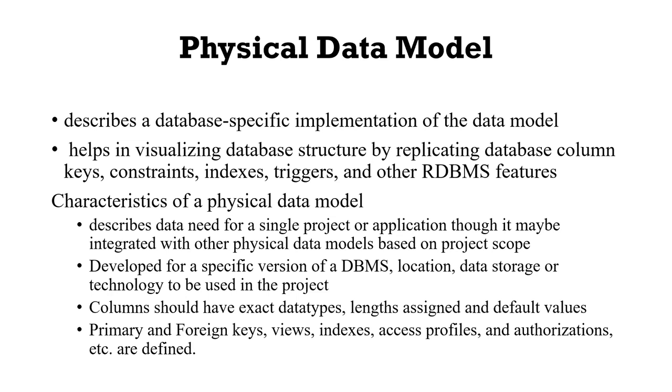It provides the columns, which should have exact data types, lengths assigned, and default values. The primary keys and foreign keys, views, indexes, access profiles, and authorization, etc., are defined by using the physical data model. Now, I hope that you all have understood clearly about physical data model, conceptual data model, and logical data model.